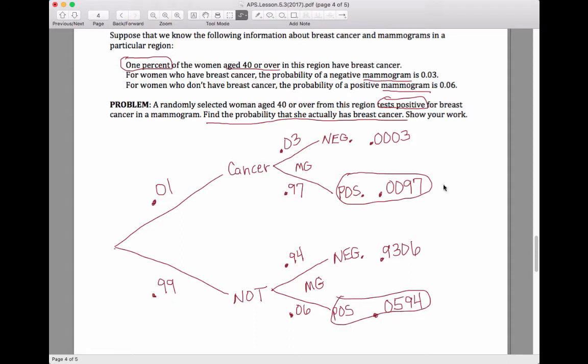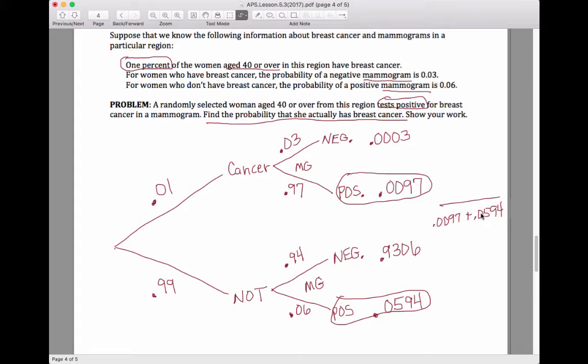So altogether, if you add these up, there's a 0.0097 plus a 0.0594. So roughly a 7% chance, or 7% of the women actually do get a positive result.